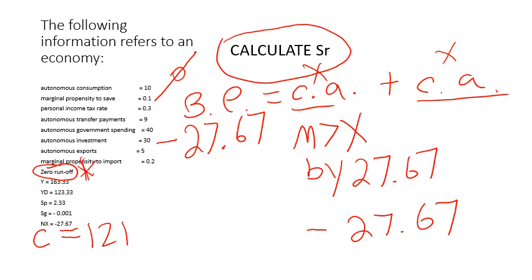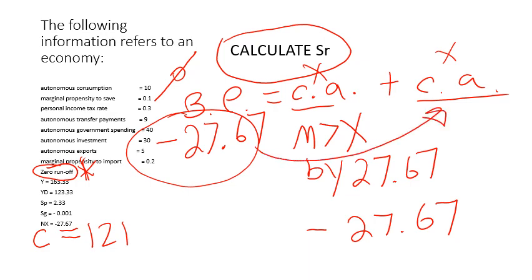Our assumption, this zero runoff assumption, is that our trading partners who have a trade surplus with us are going to take this money in their possession, our money, our denomination of $27.67 billion, and bring it into our country, into our financial pool, into our capital financial markets.